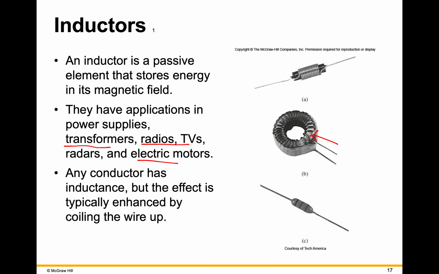Inductors are very different from capacitors in that for capacitors, you have a ton of different kinds of dielectric materials, almost all of which can be modeled very, very close to air. In other words, they're linear.